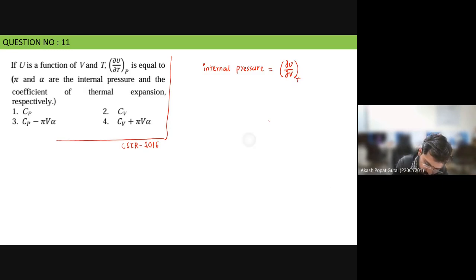And the coefficient of thermal expansion alpha is equal to 1 by V, change in volume of the system over change in temperature, at constant pressure. Try to work out this problem.